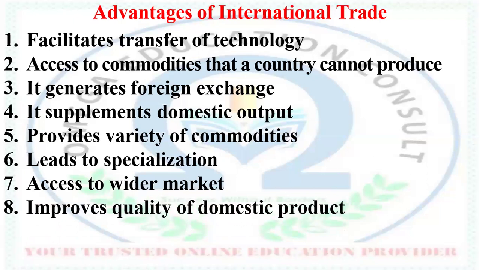International trade also benefits a given country by helping it to improve upon the domestic products. That is the locally produced goods and services in the country. Once there's international trade and other countries are bringing their commodity into the country to sell, people will begin to compare the quality level of locally produced goods to those that have been brought into the country.